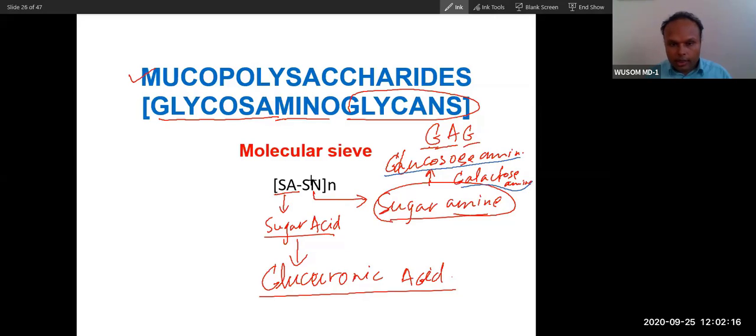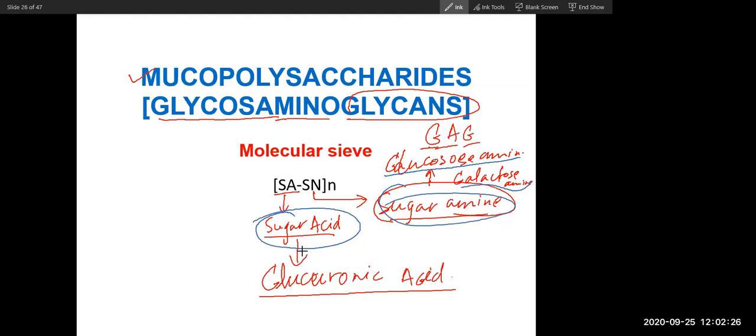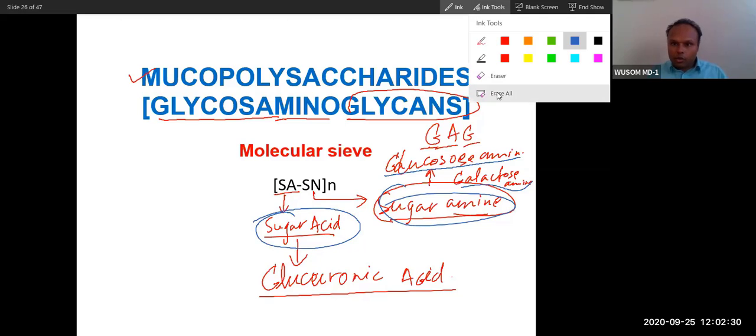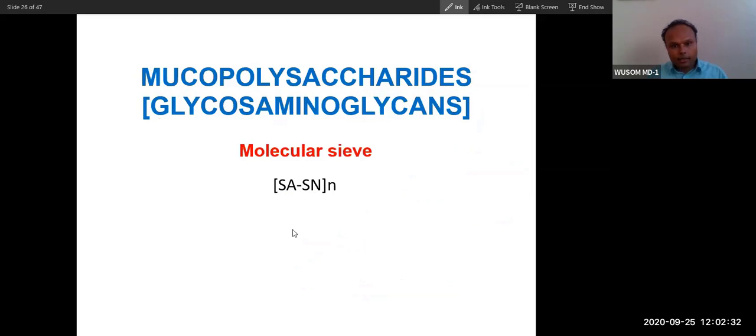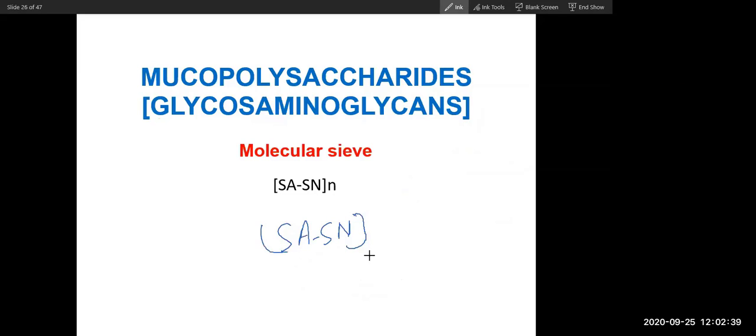Molecularly, it is a polymer of disaccharide, one sugar acid and one sugar amine. You can remember this as a polymer of SASN.